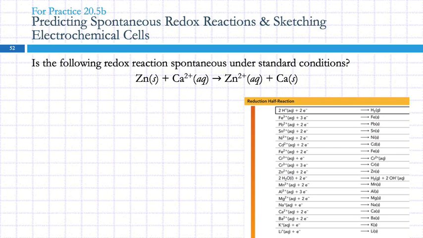How about this one? Is this spontaneous under standard conditions? Well, what we want to do is find the half reactions in the table. We could write them out, or these are relatively simple. We've got zinc and zinc 2 ion.